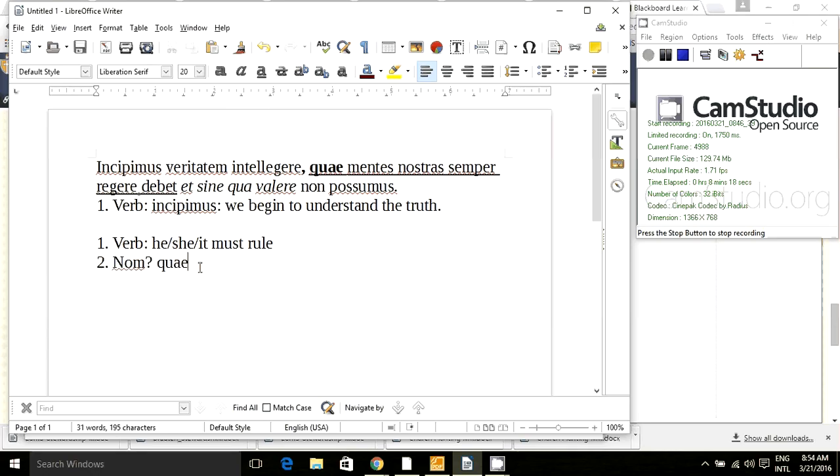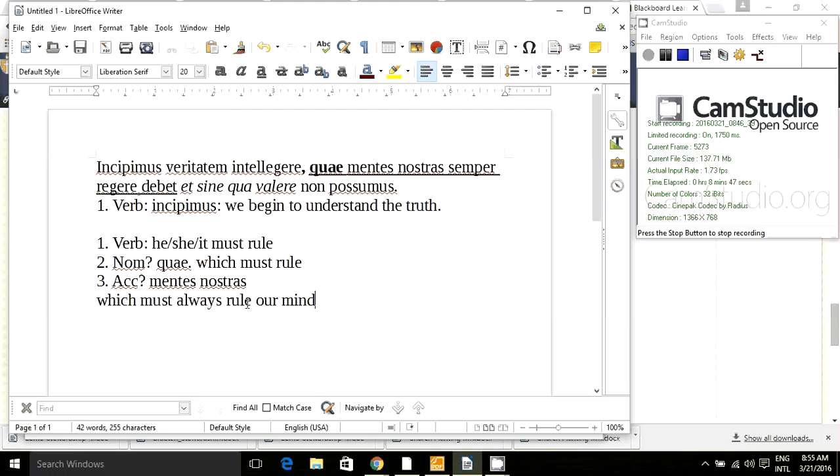Yes, quae, the relative pronoun. Quae is nominative, feminine, singular. Which must rule. And then an accusative for this clause. Do we have an accusative? Yes, mentes nostras. So we end up with: which must always, semper, rule our minds.